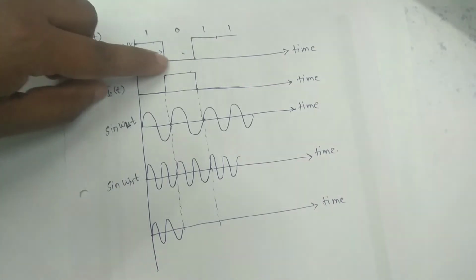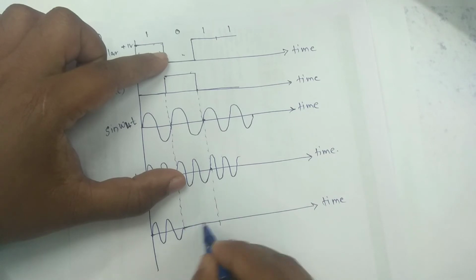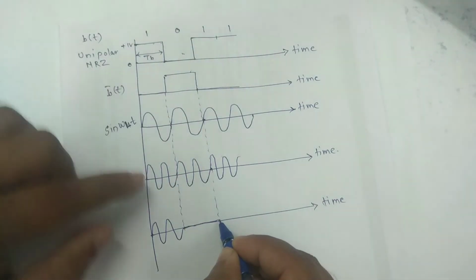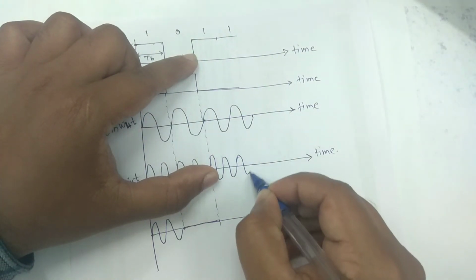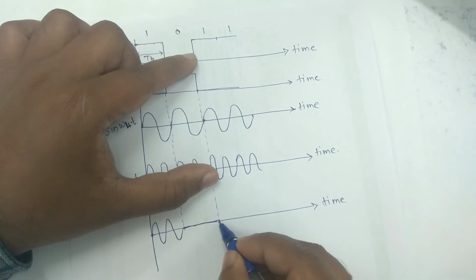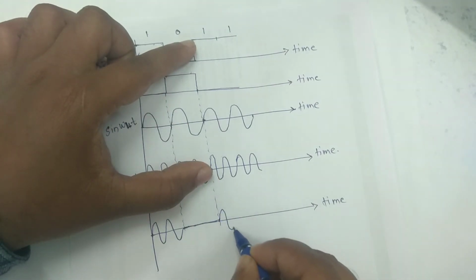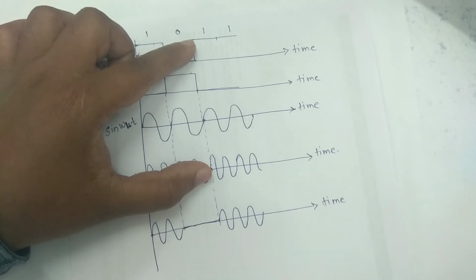The next bit is 0, so 0 into carrier. Anything into 0 is equal to 0, so the output will be 0. Again the next two bits are 1 1, so 1 into the high frequency signal, and the output will be a high frequency signal, like this.